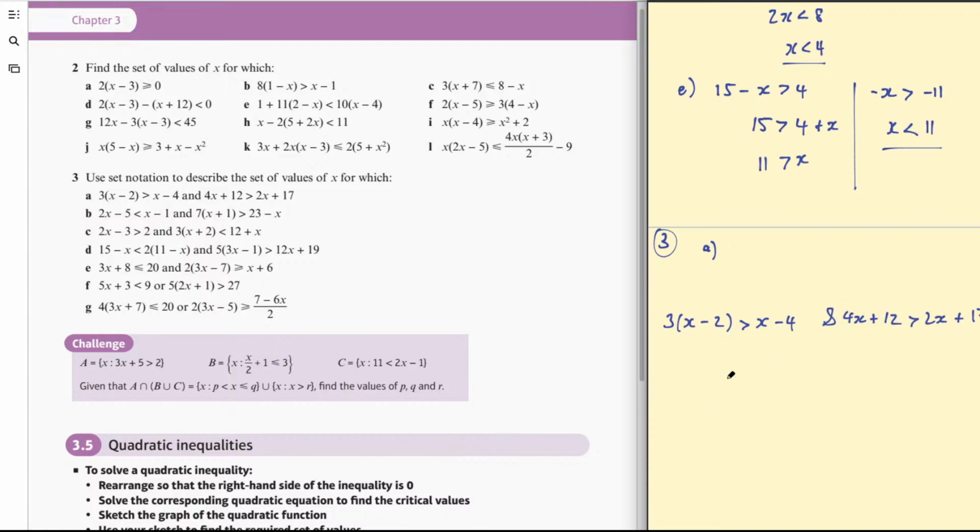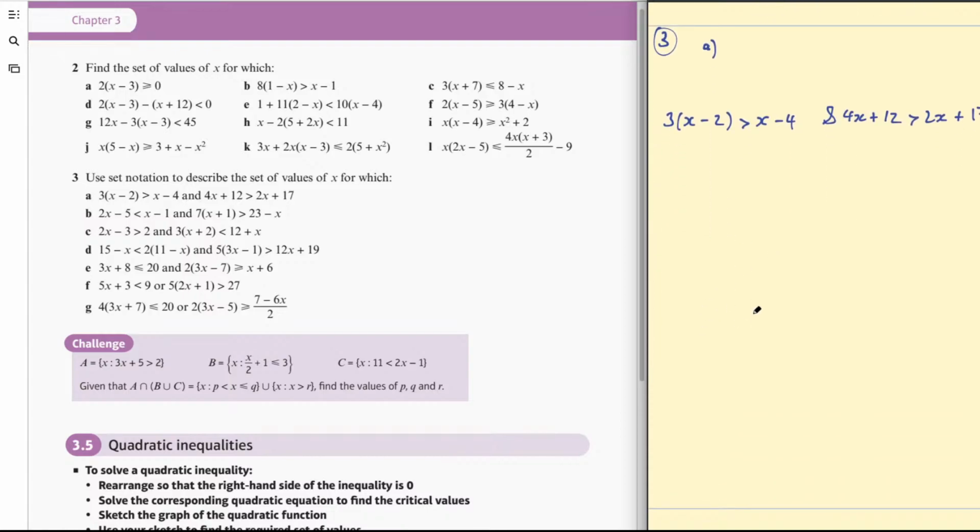So we need to solve both of these inequalities. Let's do this one on the left first. This will be 3x take 6 greater than x take 4. Then 2x greater than 2, and then x greater than 1.